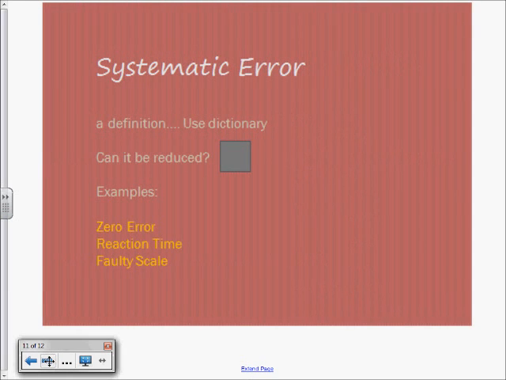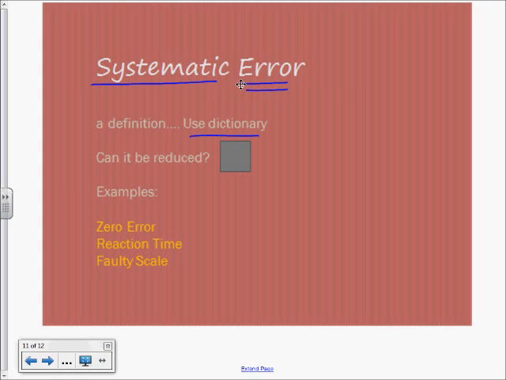All right, now, when we talk about uncertainties or errors, there are two terms we use. One of them is called systematic, and the other one is called random. So talking about systematic, first of all, I want you to look up your dictionary.